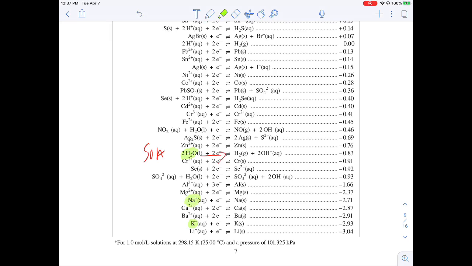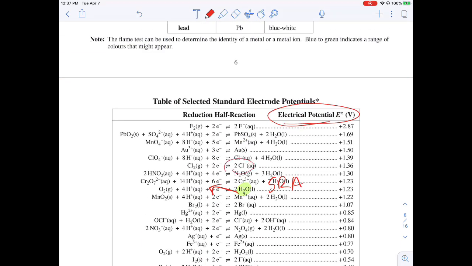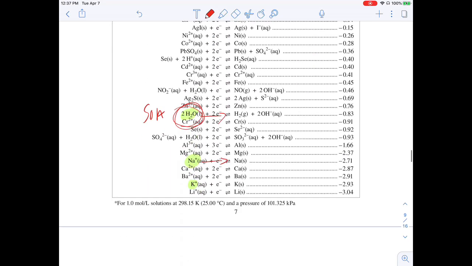If I wanted that sodium ion to become sodium solid, my problem is if it's in water, water will always react instead of it. And if I wanted to purify chlorine from this, the water is a stronger reducing agent. This is going to have something called the chlor-alkali effect that I'll explain in a moment, but definitely we cannot at all purify sodium solid as long as there's water.